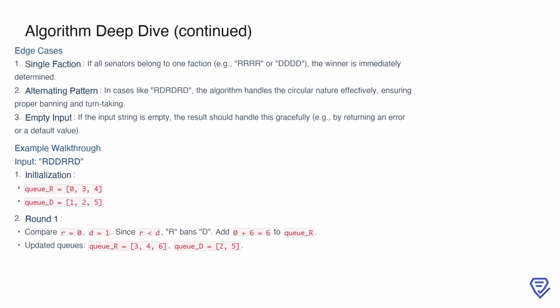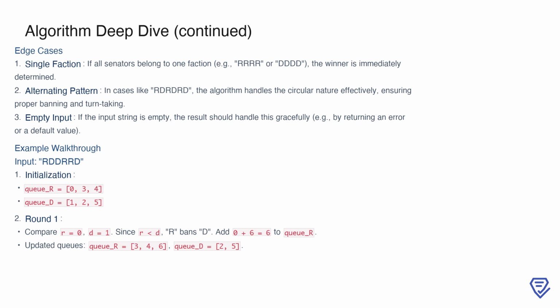Even in such cases, the queues and their operations ensure the simulation proceeds as expected. Additionally, an empty input string is a potential edge case. Although it is not explicitly stated in the problem, the implementation should handle this gracefully, perhaps by returning an error or a default value. To illustrate how the algorithm works, consider the input RDDRRD.